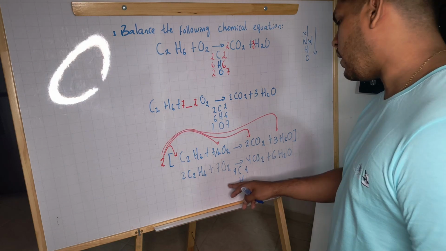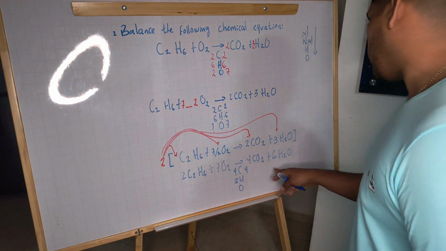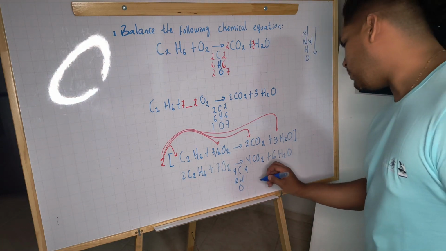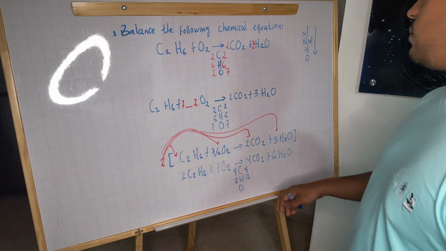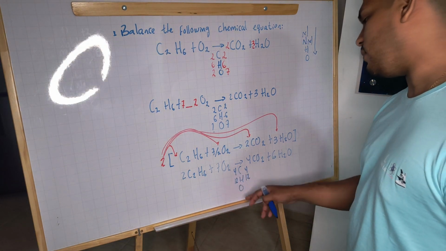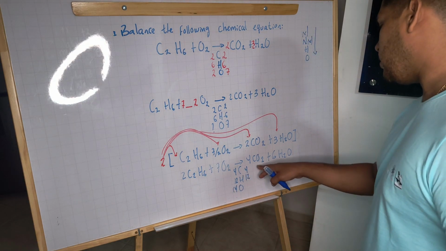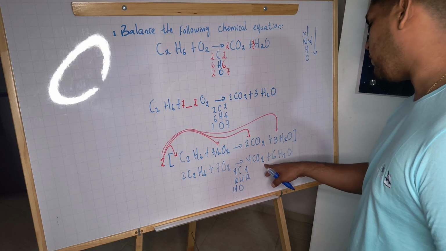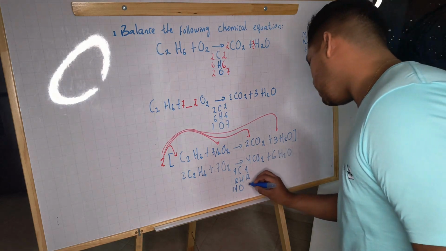Hydrogens, 2 times 6, 12. On the other side, 6 times 2 equals 12. Okay, and oxygen would give me 7 times 2, 14. On the other side, 4 times 2, 8 oxygens plus 6 oxygen atoms would be 14.